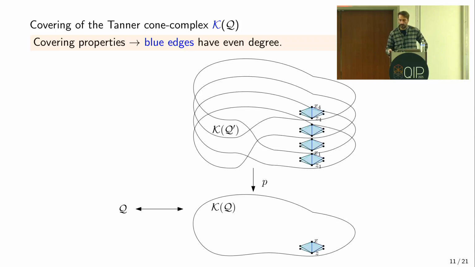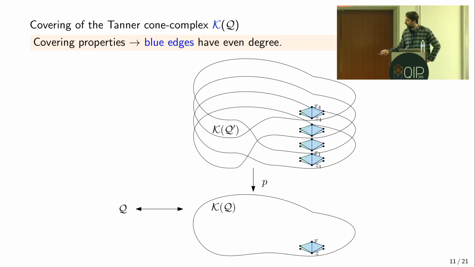Here I describe just some picture of any covering that you might want to create. And it turns out, by a basic property of covering spaces, that in the covering space the degree, so the number of faces to which any edge is connected, is conserved, because a covering really conserves the local property of the space you begin with.